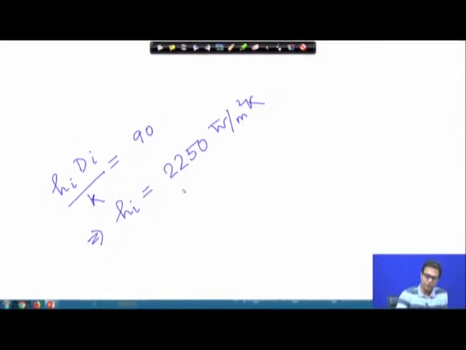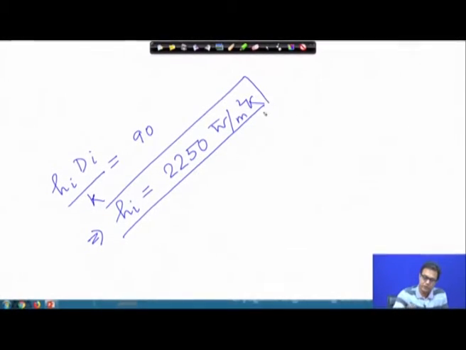So, now we know the internal heat transfer coefficient. With this knowledge, now we have to go to the next parameter, that is the heat transfer coefficient of the annulus passage.